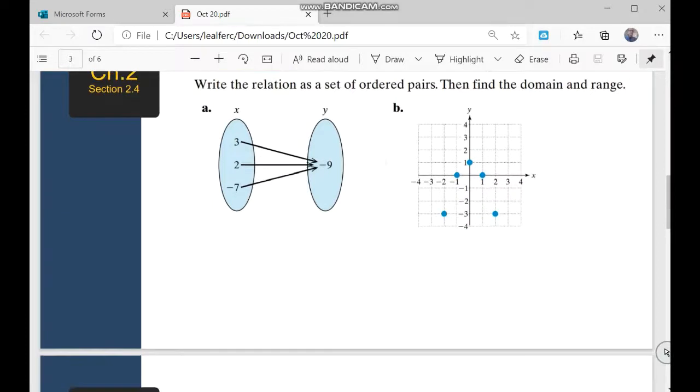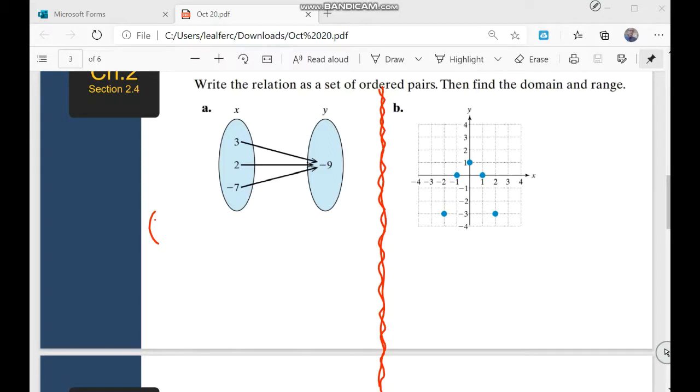Now let's check a few examples here. I will split this screen into two parts because we have two different examples. This first one, letter A: write the relation as a set of ordered pairs, then find the domain and range. So let's write the relationship here as a set of ordered pairs.